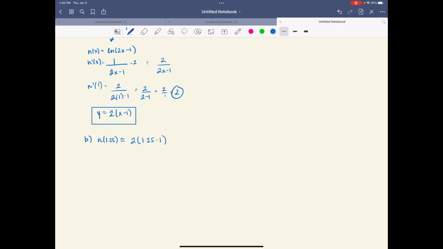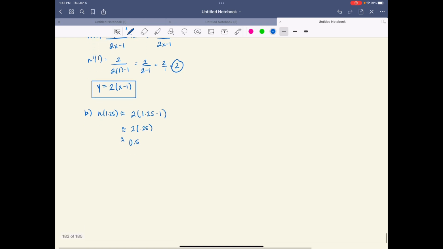When I simplify that, 1.25 minus 1 is 0.25, and 2 times 0.25 is approximately 0.5. So this is my approximation for the value of n at 1.25 using the tangent line.